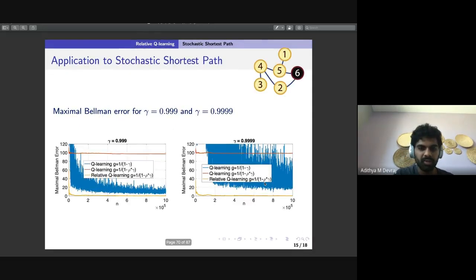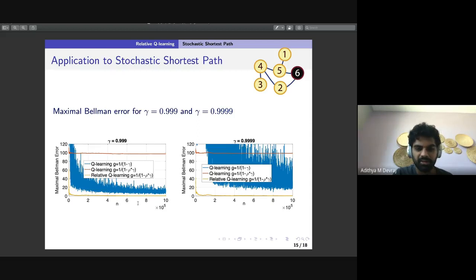So now how does this algorithm perform in practice? As expected, we noticed that the relative Q-learning algorithm converges to 0 Bellman error very fast. What I have plotted here: the red is the Q-learning algorithm with the same step size that is optimal for relative Q-learning. The blue curve is the Q-learning algorithm with its optimal step size.